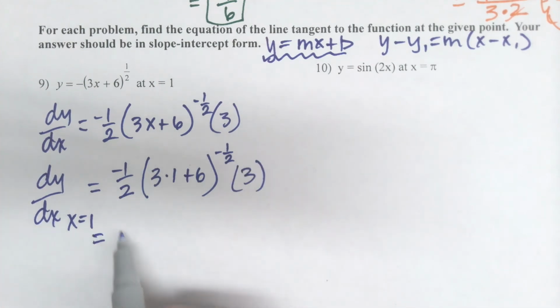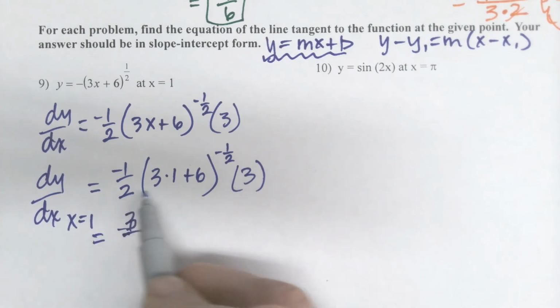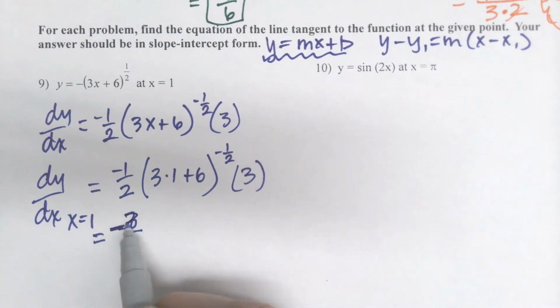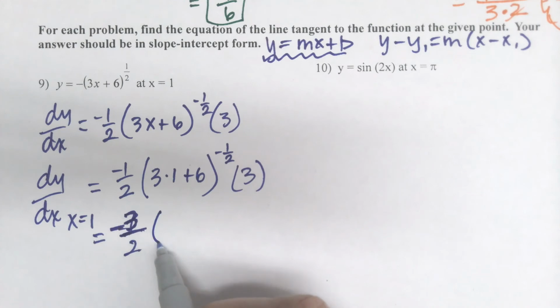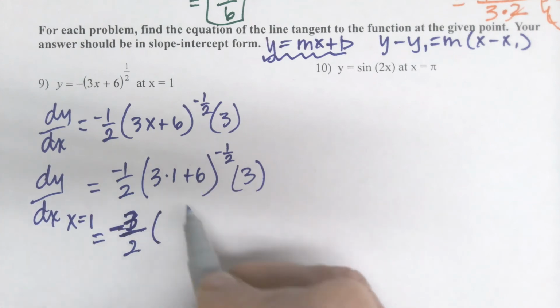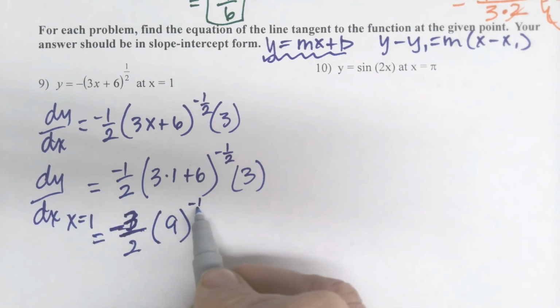Keep working here. I'm just continuing to do my math. Negative 1/2. Let's multiply these two together. So that's negative 3 halves times 3 plus 6 is 9 to the negative 1/2.